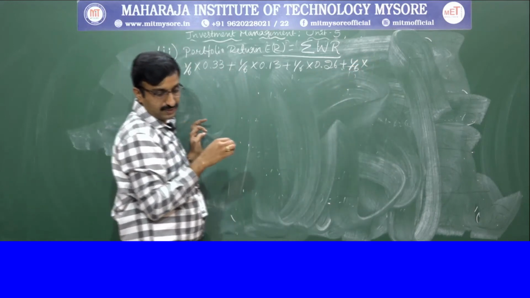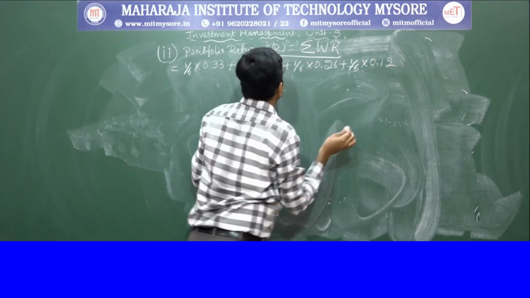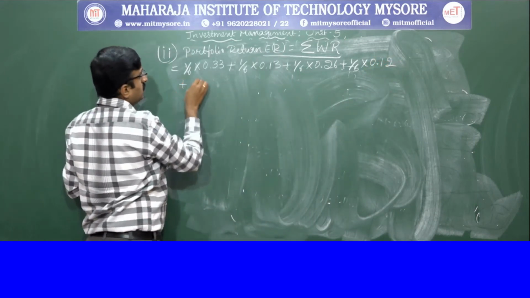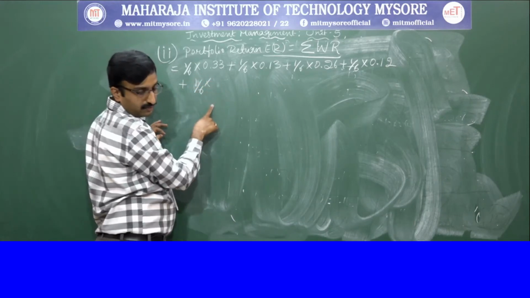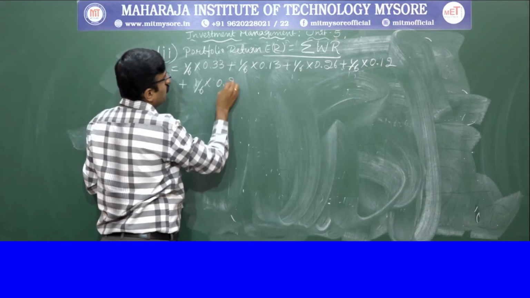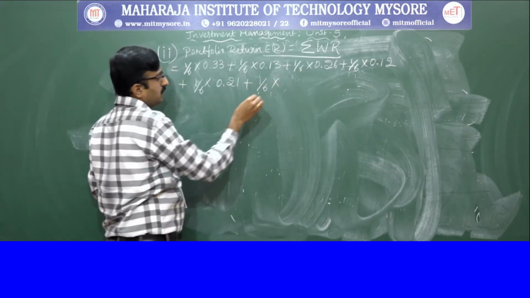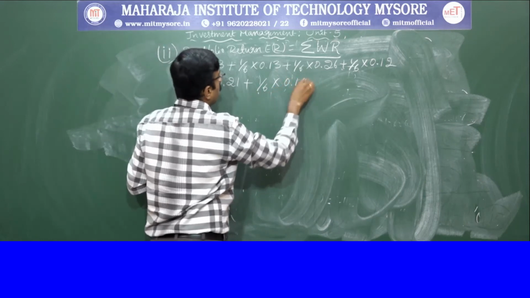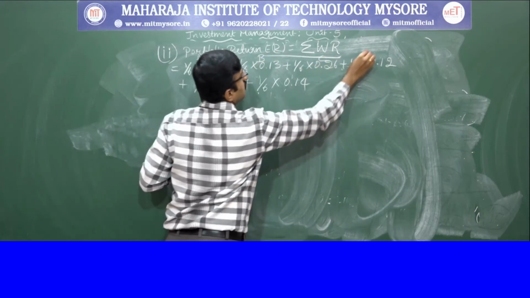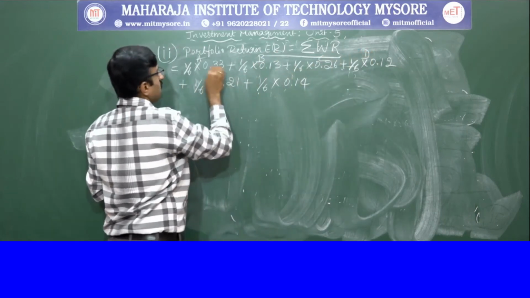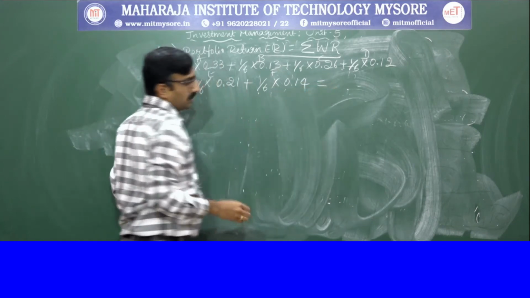the next one, that is 0.12, plus 1 by 6 into 0.21, plus 1 by 6 into 0.14. This is A, this is B, this is C, this is D, this is E, and this is F. So put together, you calculate the total.